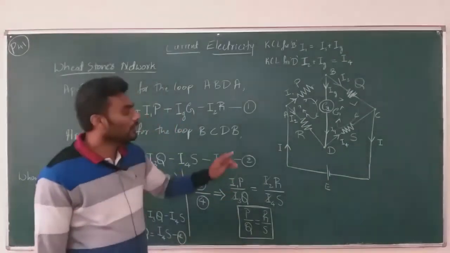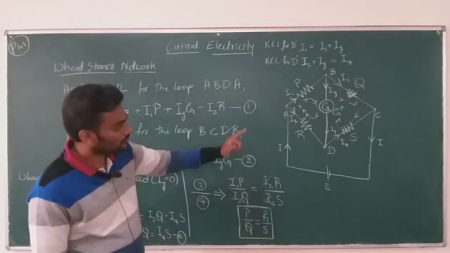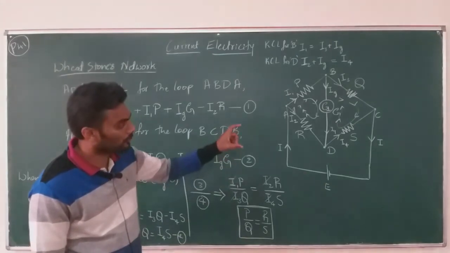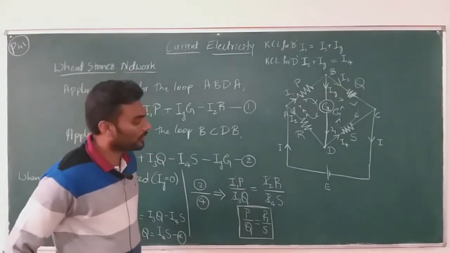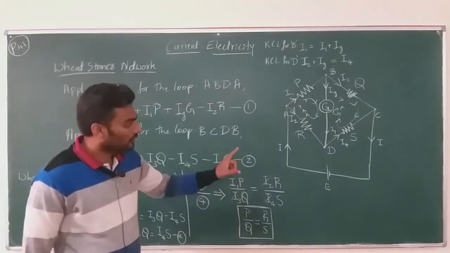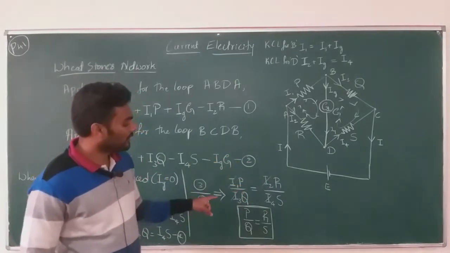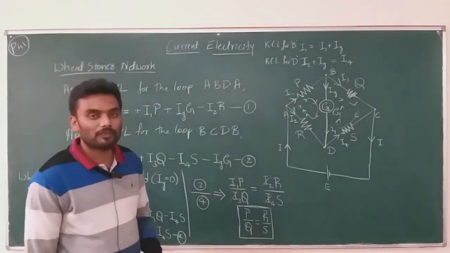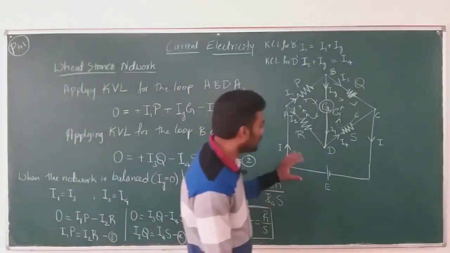No. Even when you change the position of the galvanometer or replace the galvanometer and the cell, the condition of balancing will still remain the same, which is P by Q is equal to R by S. Let us see how that happens.